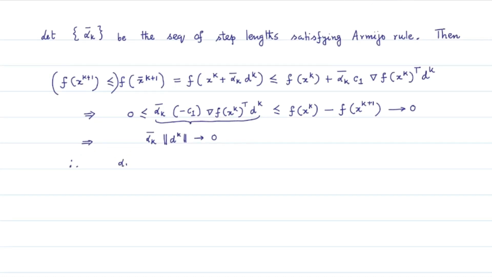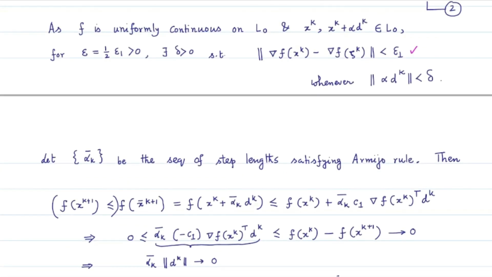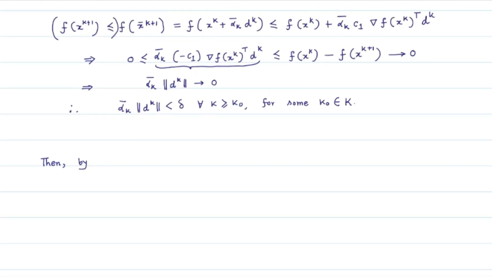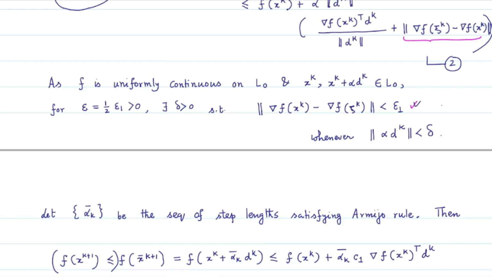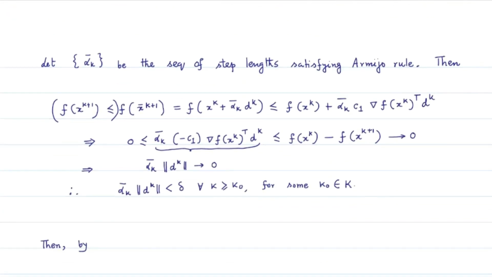Therefore, this alpha_k bar norm d_k is less than delta after a certain index k naught, for some k naught in the set capital K. Then let us name this inequality 3.